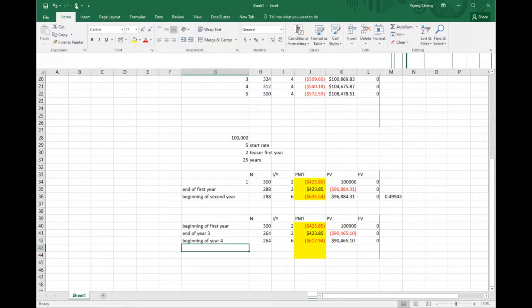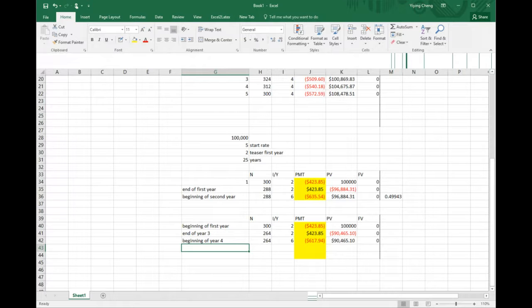The interest rate is adjusted from 2% to 6%, which is the reset rate given in Part B. Then we're going to calculate the new payment, which turned out to be 635.54. So that will be the answer of Part B, 635.54.